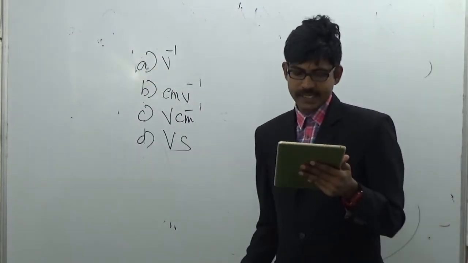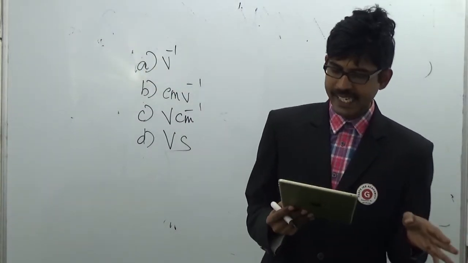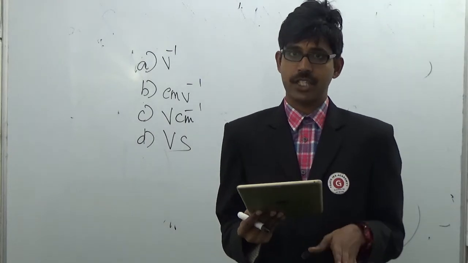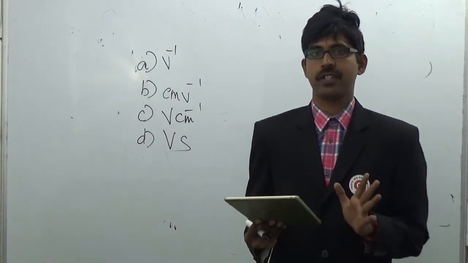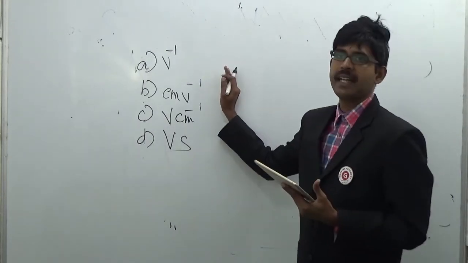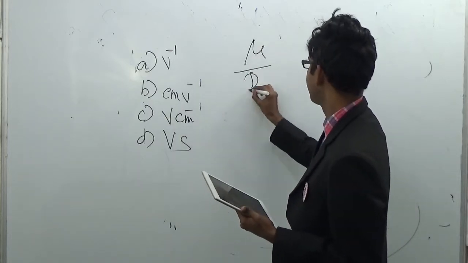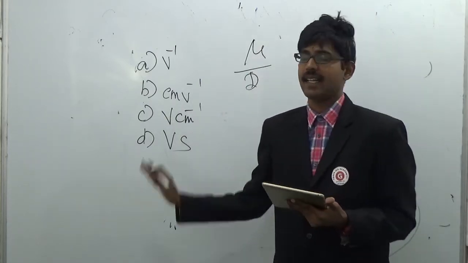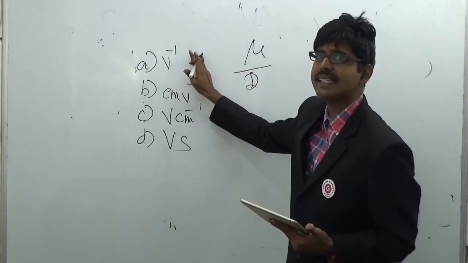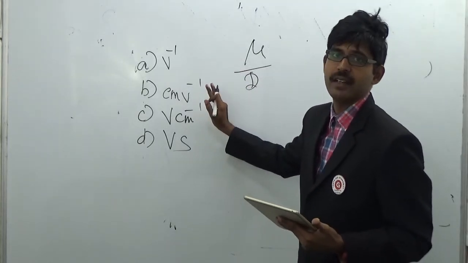These are the options given for the mobility to diffusion coefficient ratio. We must find out the right option. Mobility to diffusion coefficient, mu by D. For mu by D, what is the right option?